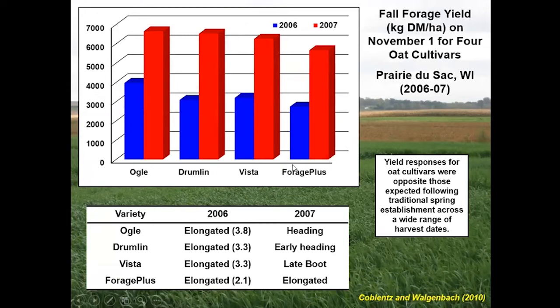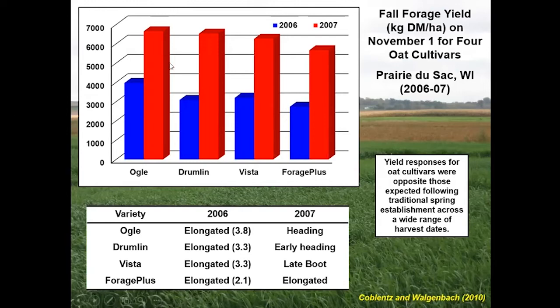One of the things about these forage oat types, whether it was intentionally selected for or unintentionally selected for, is that they tend to mature much more slowly than a lot of grain types. So there's a gradient as you move from left to right in terms of maturation rate, which is reflected down here in this table at the bottom in terms of the maturity level at harvest across 2 years.